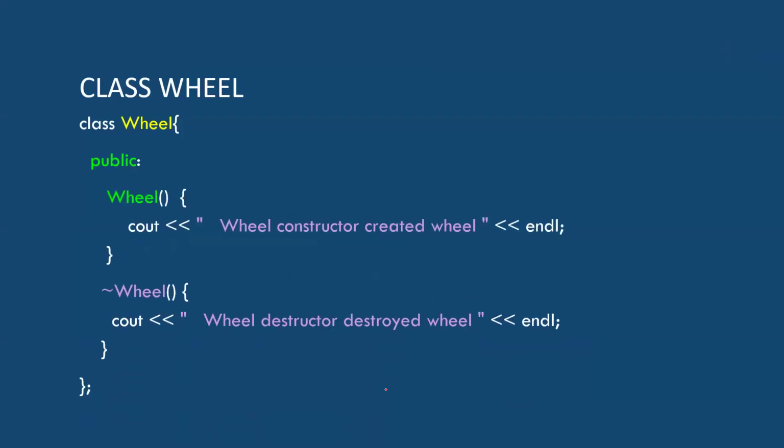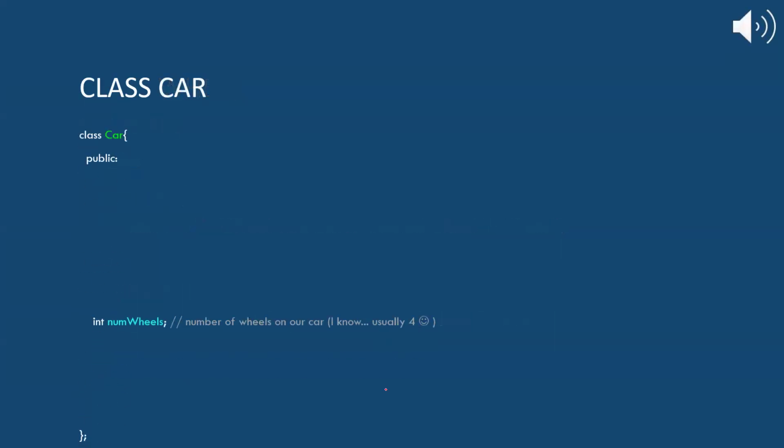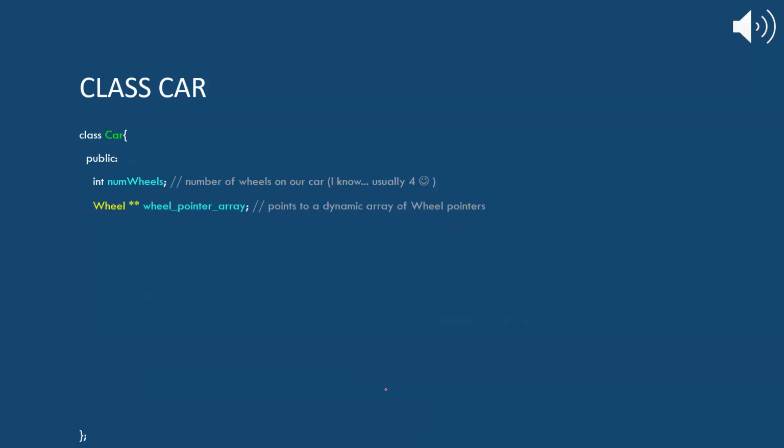So here is our wheel. It's just got a little documentation in the constructor and in the destructor so we can see what's going on. Here's our car. So there's our number of wheels. A double pointer. An array is a pointer to whatever it holds. So it's a pointer to wheels, okay?